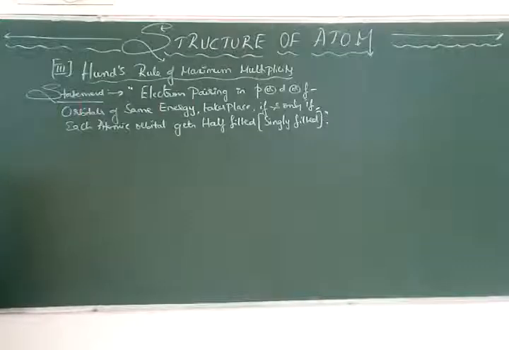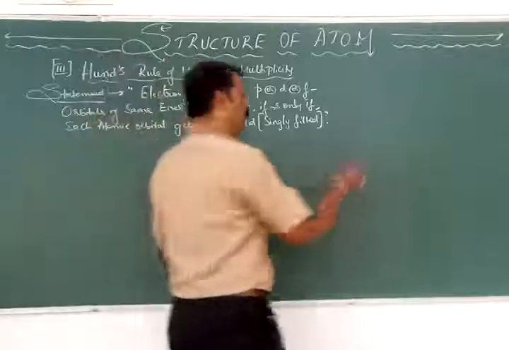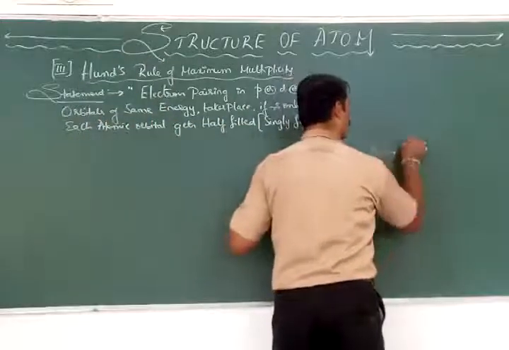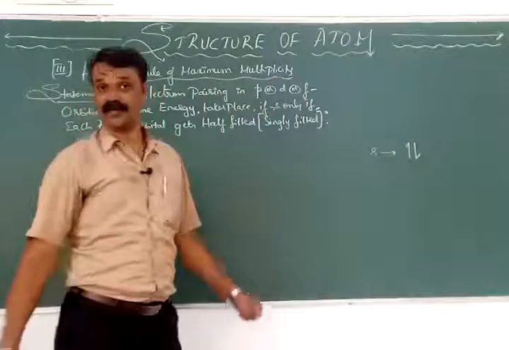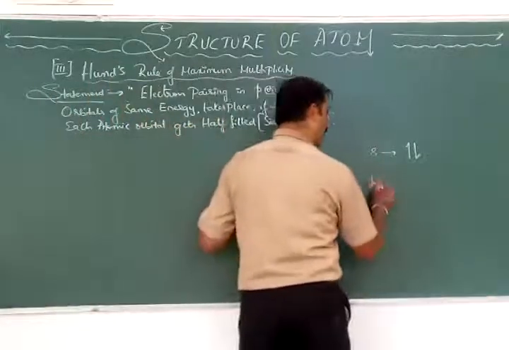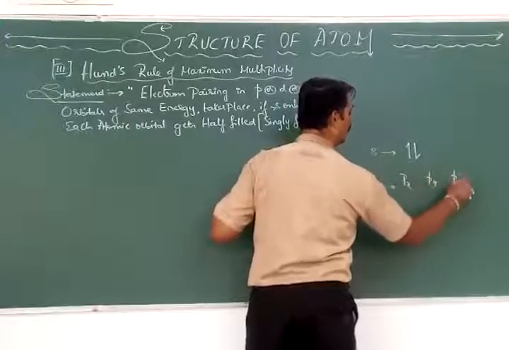We are not considering s. Why? Because s can have only 2 electrons. If one is clockwise, then the other must be anti-clockwise; there is no chance for that. If it is p, we have 3 orbitals called px, py and pz.